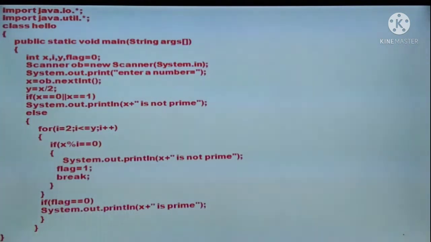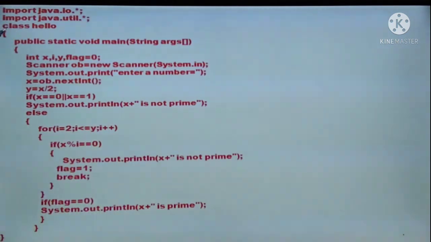So let us concentrate on the program, and you will jot it down on this screen. First of all, as you know, you have to write import java.io.*, then import java.util.*, and as usual, we have done all our programs using this Hello class.